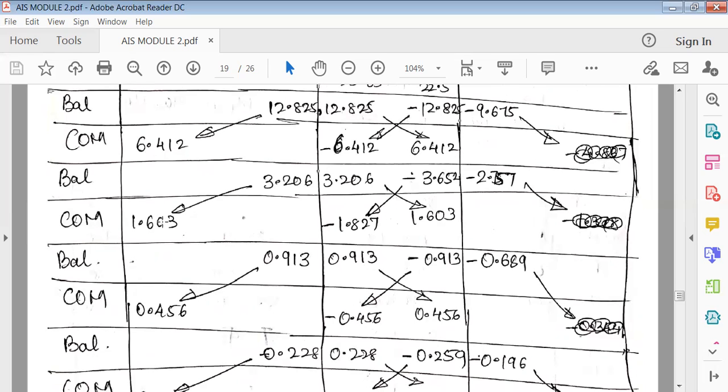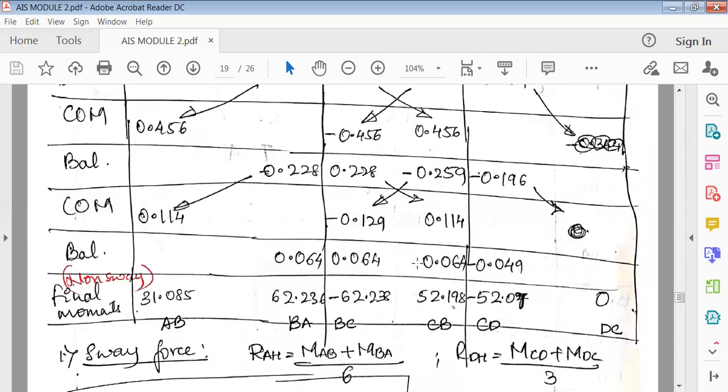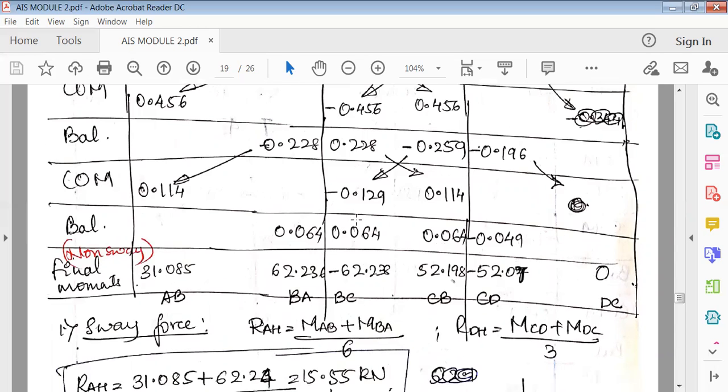Again carry over to all the joints treated like fixed supports. All this balancing and carryover should continue until the first decimal place is 0 and the second decimal place is a number, then stop.